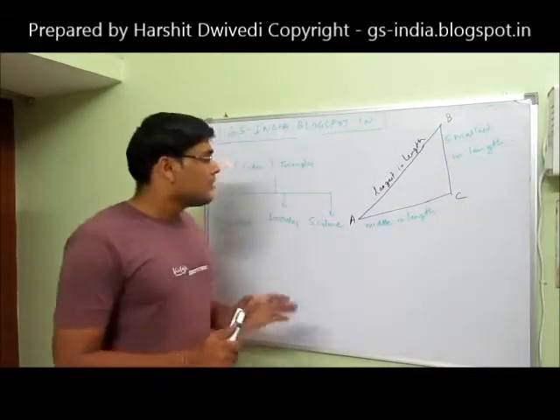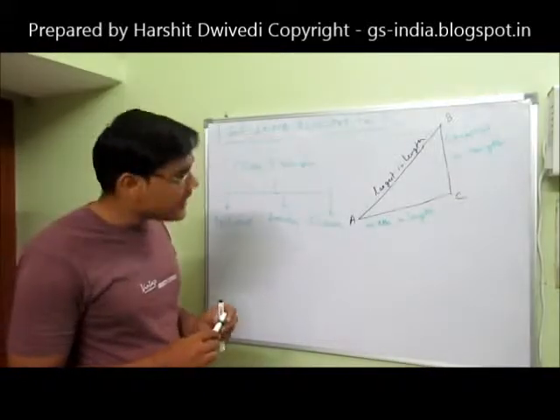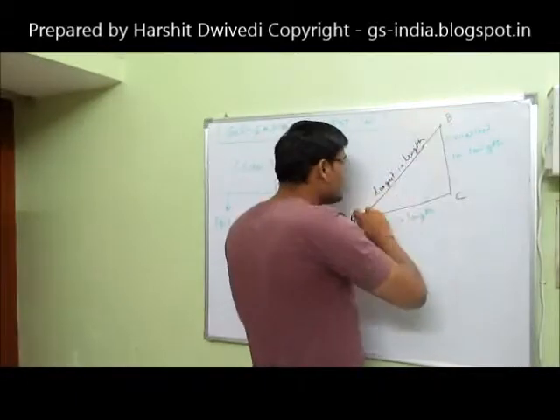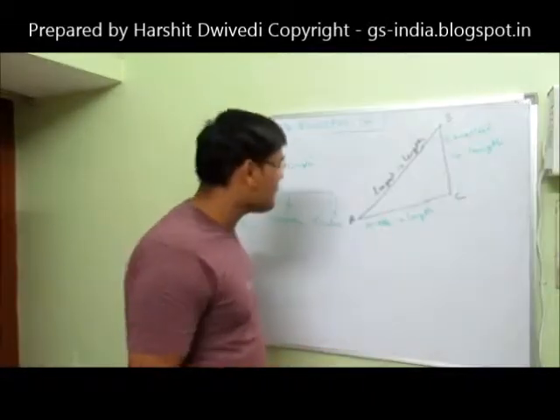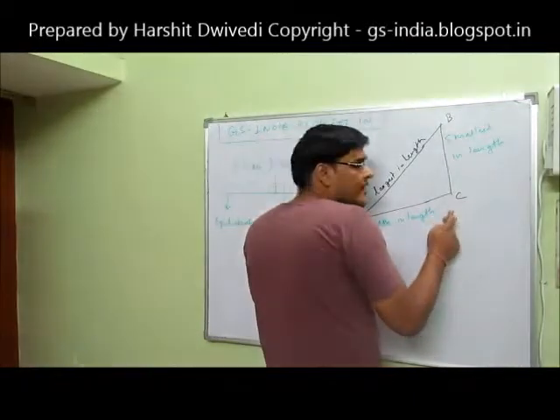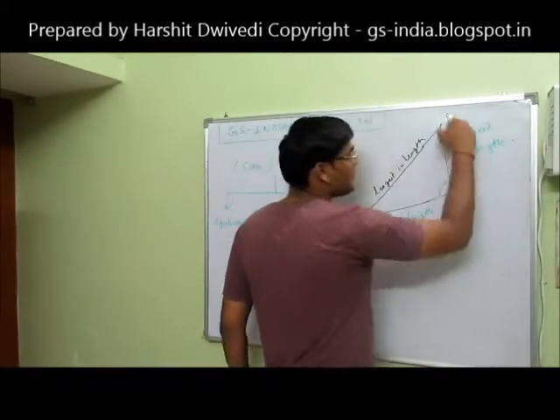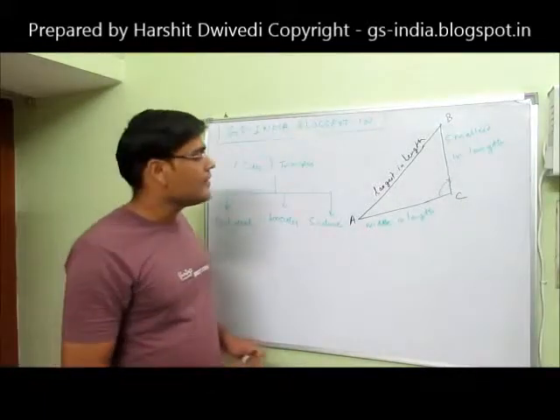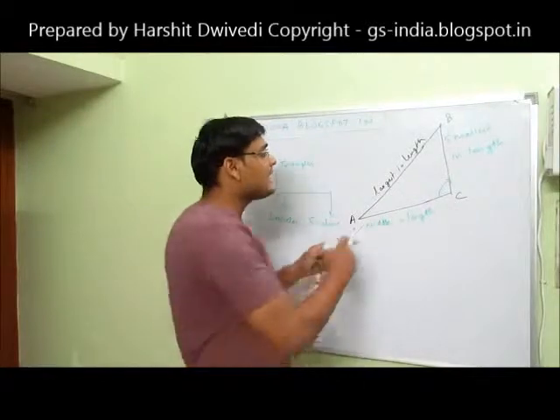Now what I am trying to tell you is that in this triangle, line AB is the biggest. So due to the length of AB being large, the angle difference between these 2 lines BC and AC will be bigger, because the larger the angle, the larger is the line opposite to the angle.